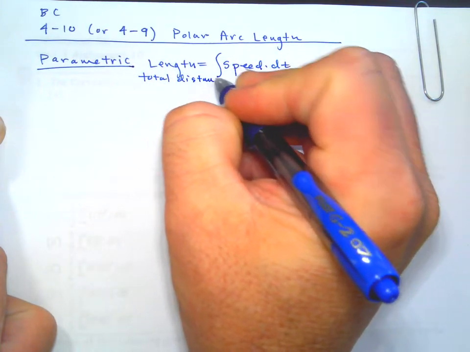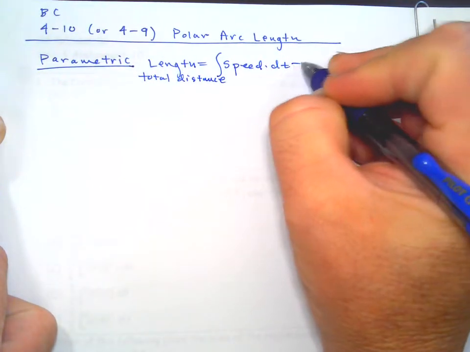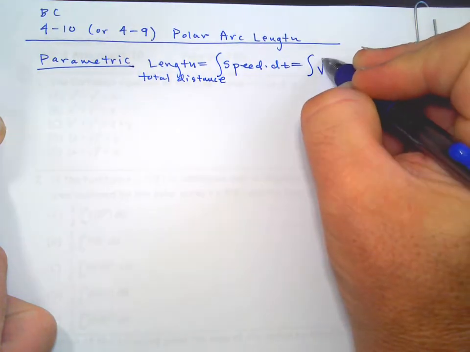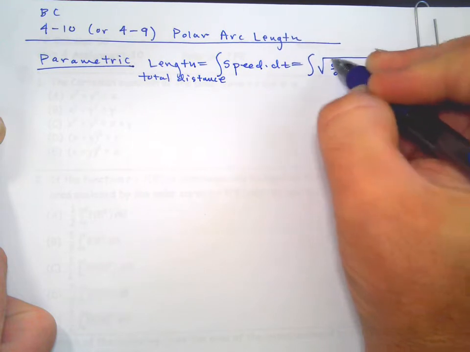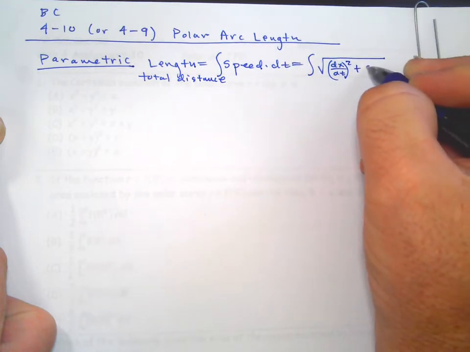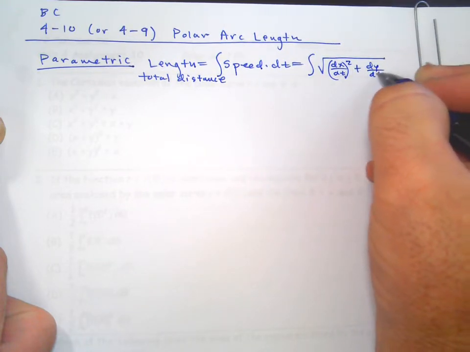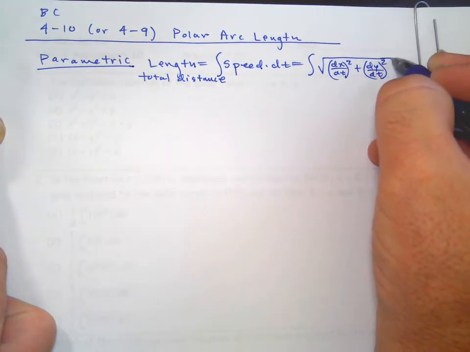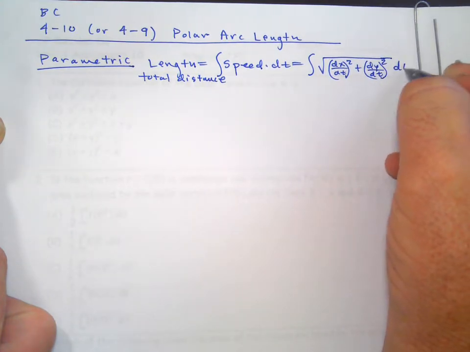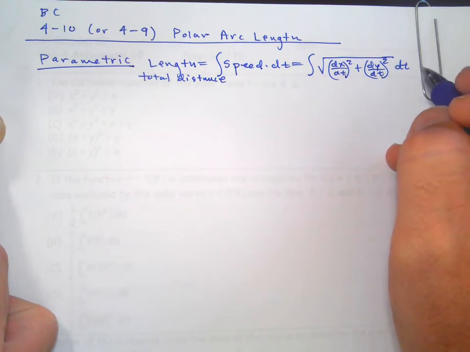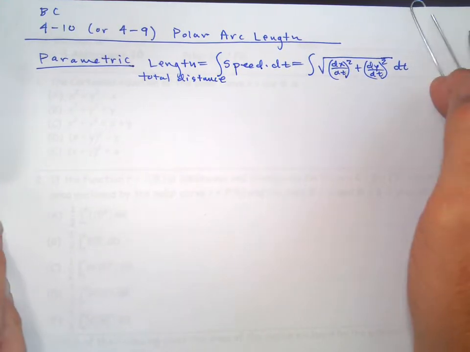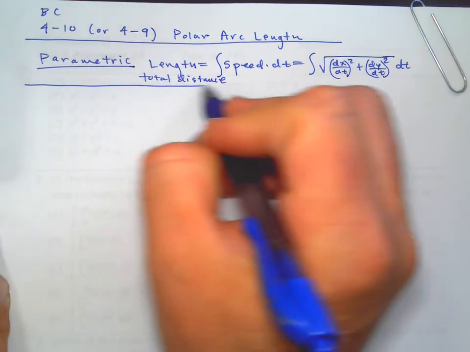But in two dimensions, it got a little more complicated, and speed was the square root of dx/dt squared plus dy/dt squared, or the velocity in the x direction and the velocity in the y direction squared. And it was kind of based off this idea of the hypotenuse of a right triangle. So I'm just putting that out there because that's what we've done recently.